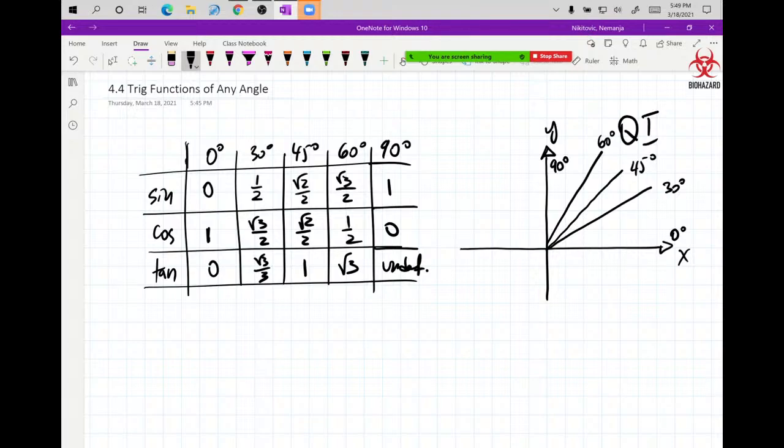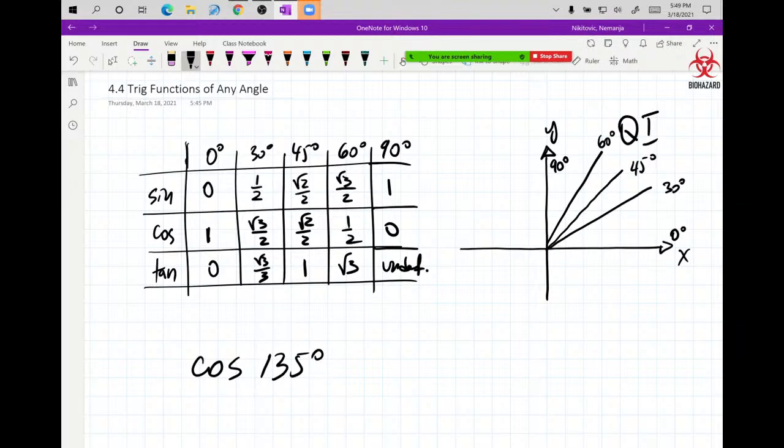I want to know, how do I deal with an angle of, let's say, 135 degrees? What do I do for a cosine of 135 degrees? It's clearly not on my chart.